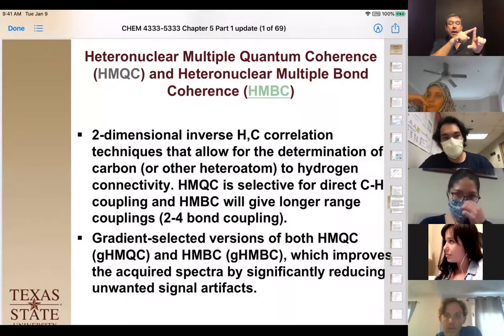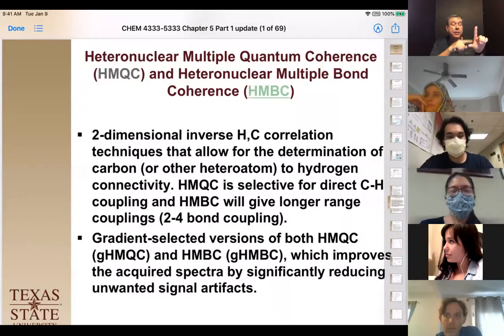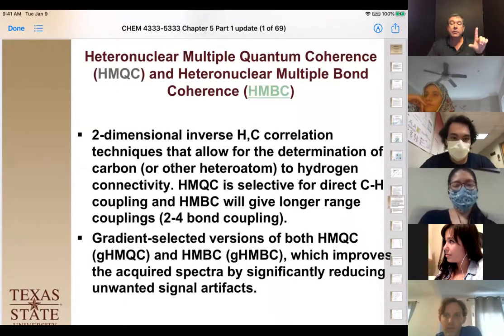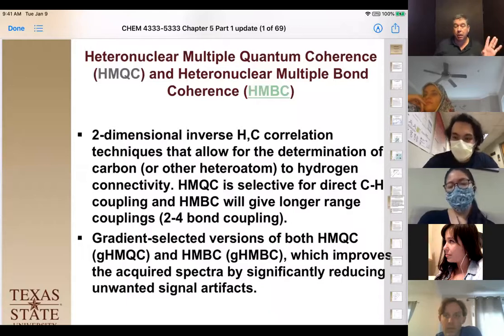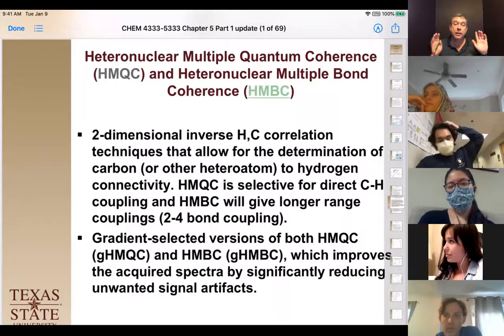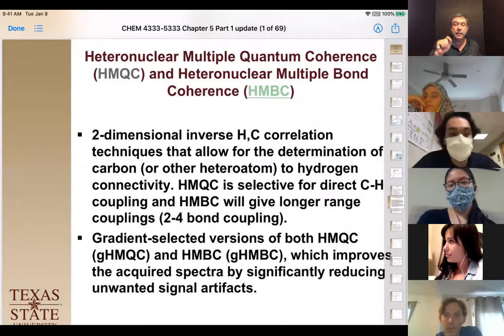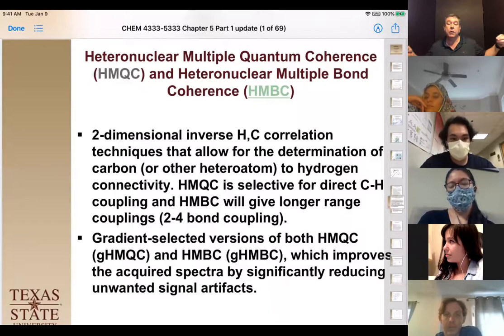Carbon 2 now seen through 2 bonds. And sometimes you can actually see through 3 and 4 bonds. So it's, again, still a carbon related to hydrogen, but in the HSQC, HMQC experiment, it's exactly that carbon. And in the BC experiment, you can do 2 to 4. Okay, so you can see greater, longer connections.